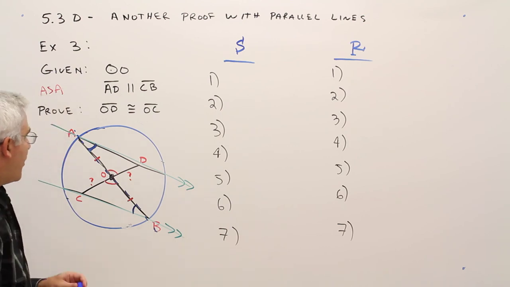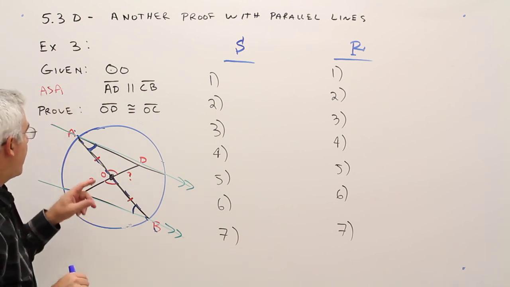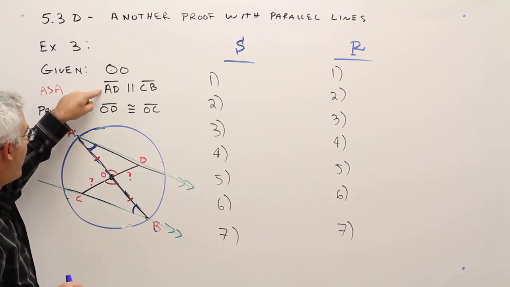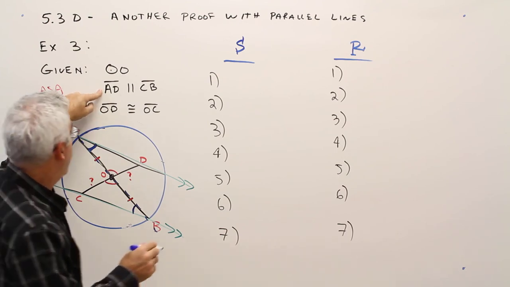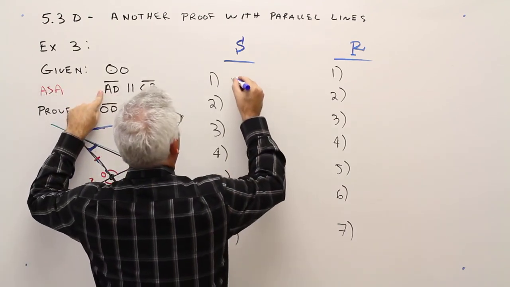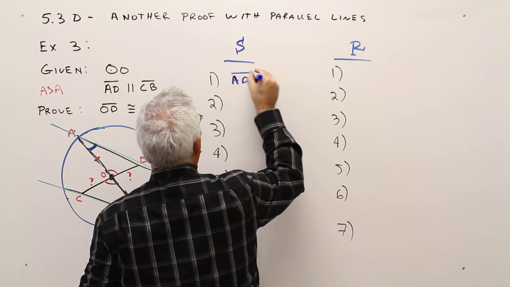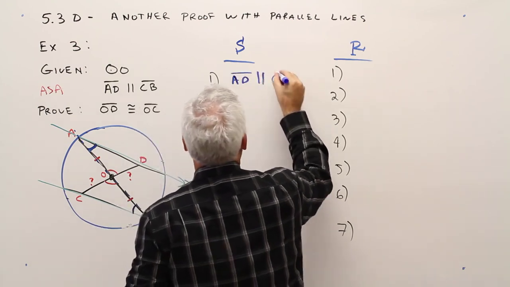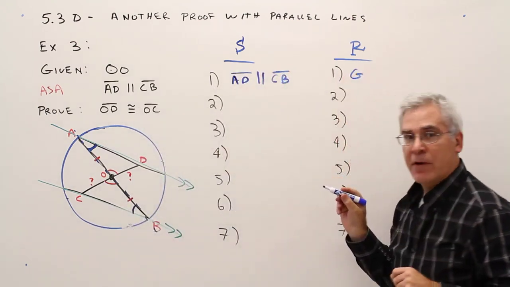All right, so I'll go in angle side angle order. I'll start with the parallel lines and then get the alternate interiors. So I've got AD is parallel to CB. That was given.